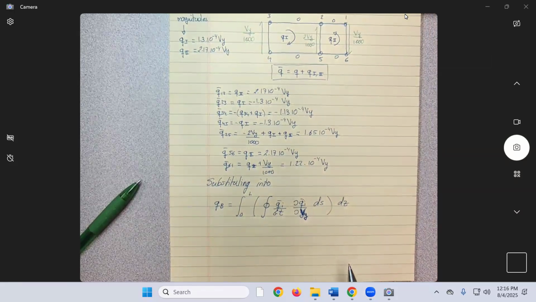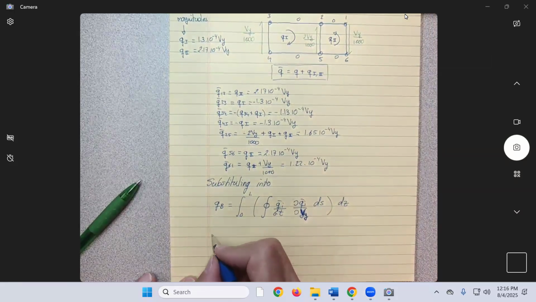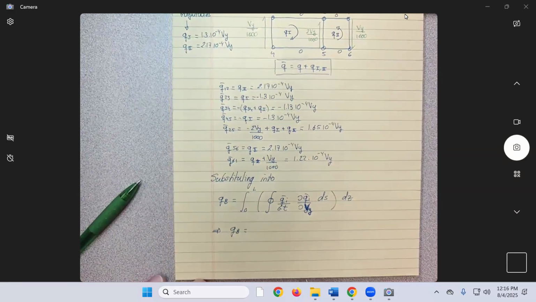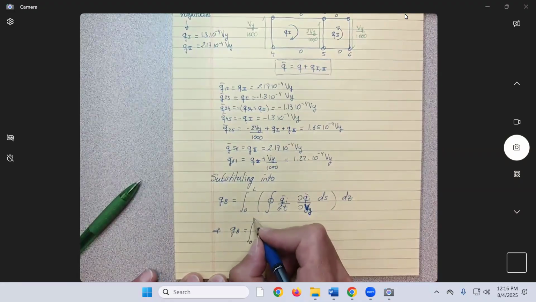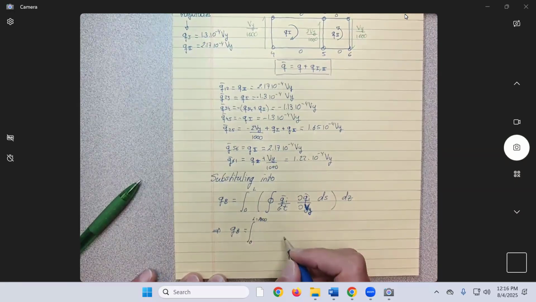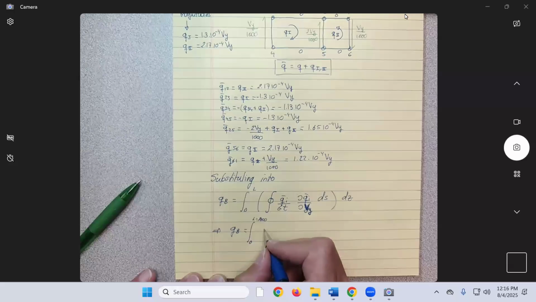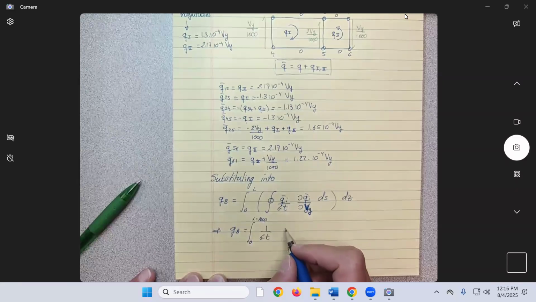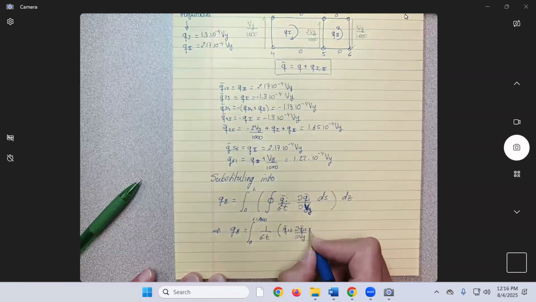So if we do the calculations, obviously you need to use a computer; you can do it by hand, but it will take you a while. This will be equal to what? 0 to L equal 2000 millimeters times 1 over GT, that is constant, times the circular integral, that would be equal to Q bar 1,2, partial of Q bar 1,2 with respect to Vy times S 1,2.